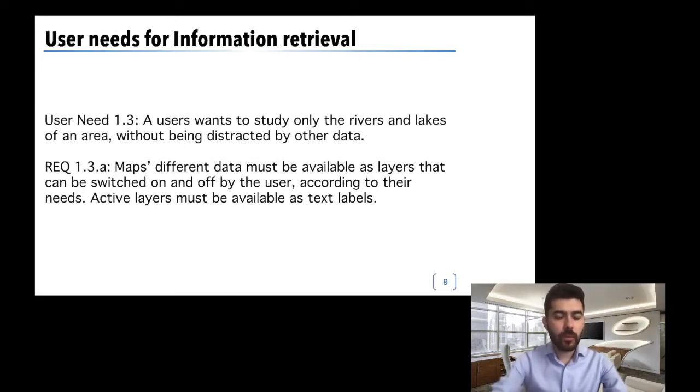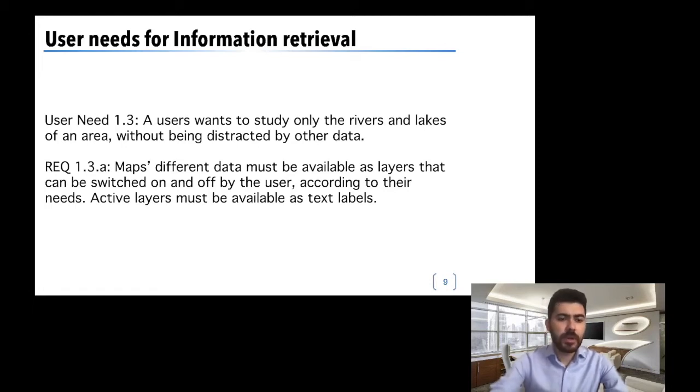User need 1.3. A user wants to study only the rivers and the lakes of an area without being distracted by other data. This is very important because, as we said before, maps are very complex objects, and so most of the time users just want to read only certain data rather than all the data that are available on the maps.